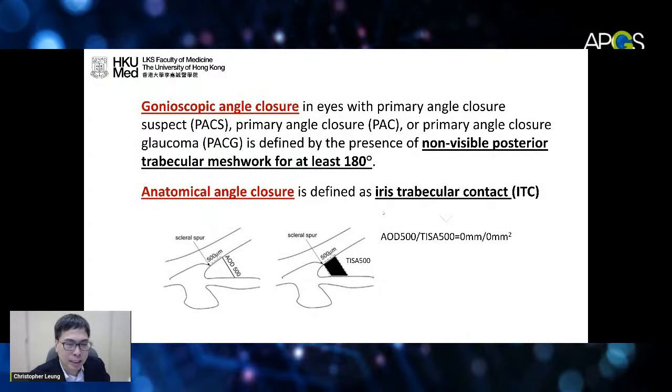But unfortunately, the concept of gonioscopic angle closure is quite different from anatomical angle closure. When we see this adhesion or contact between the iris and TM, this is iris trabecular contact, ITC. But having an angle with the trabecular meshwork not visible for 180 degrees doesn't mean that there is iris trabecular contact for 180 degrees.